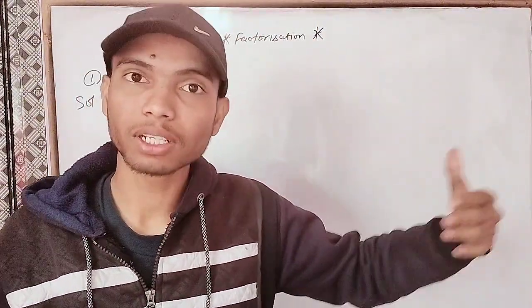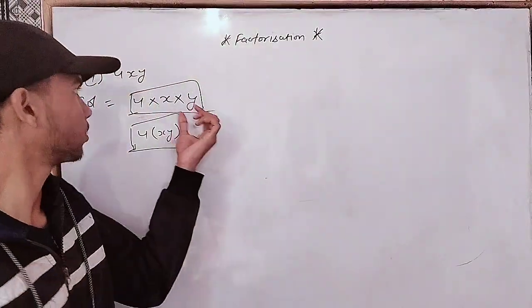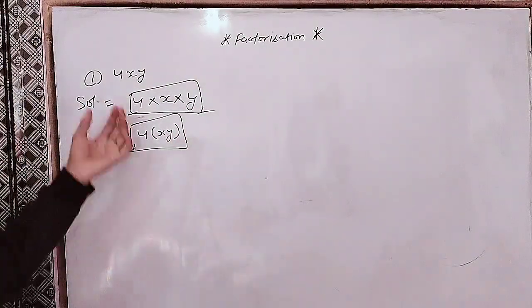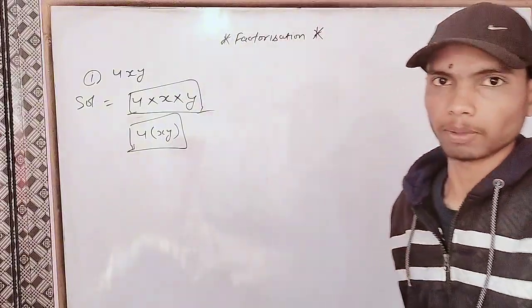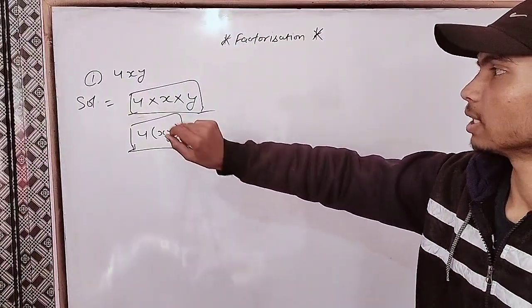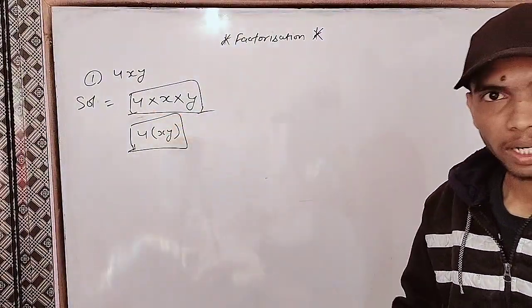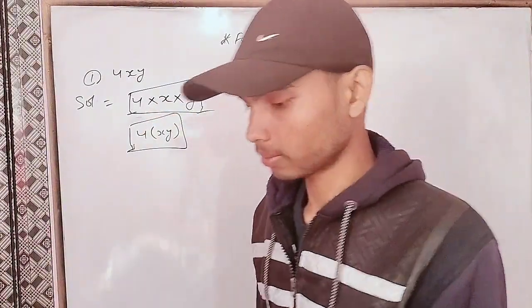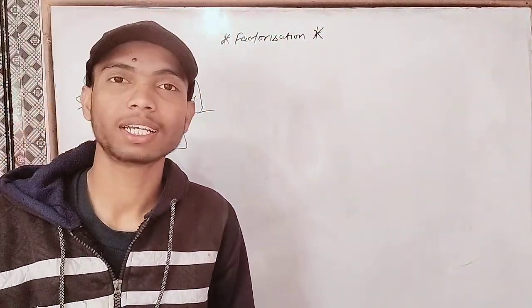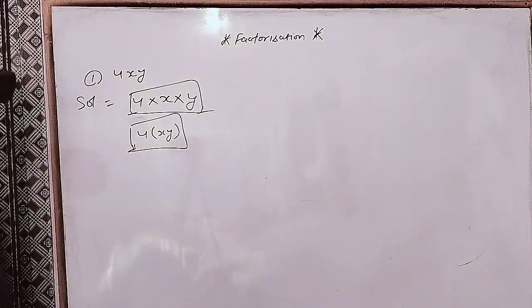We are writing something separate. 4xy is in multiplication. So that's why we have written 4xy with the multiplication, because 4xy is with multiplication. Okay, so should we take a question?